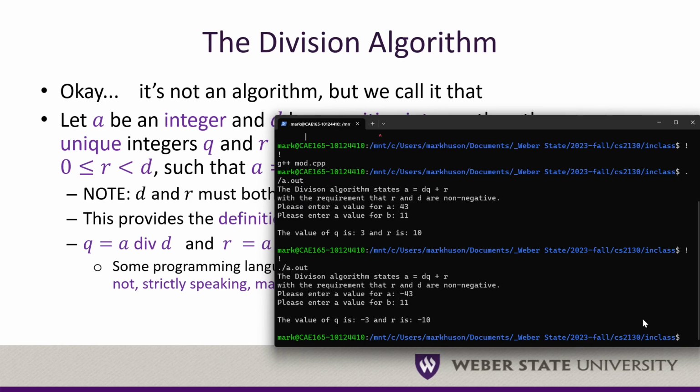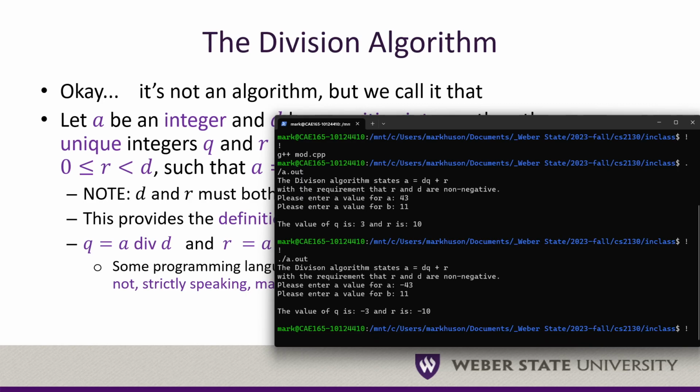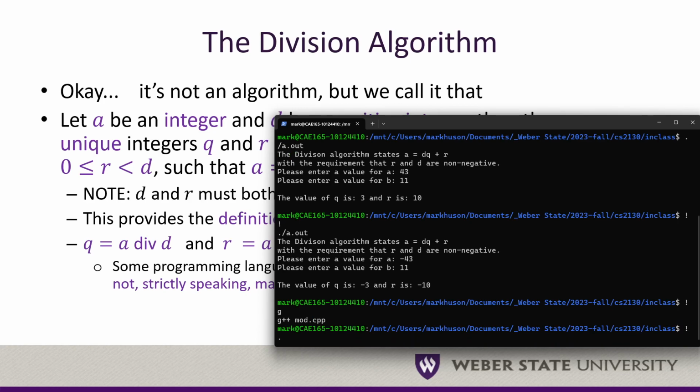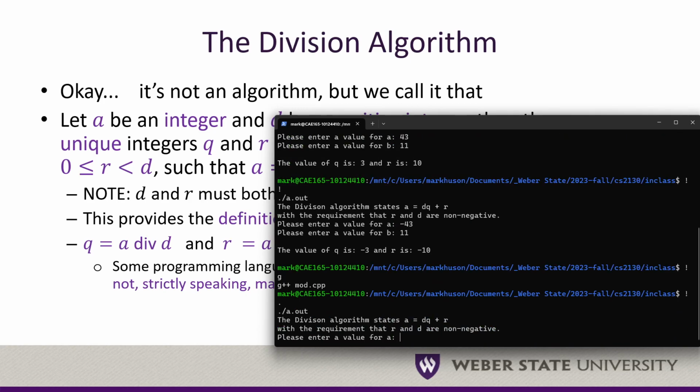But what this allows us to do is something like this. I'll show you the other cute thing you can do on Linux or any bash command prompt. If you have a Macintosh, you can also do the bash command prompt. Exclamation point dot: the last command that I did that began with a dot was the ./a.out. If I do exclamation point dot, oh wait, I want to recompile. Then g++ will recompile, and then bang dot gives me the program running again.